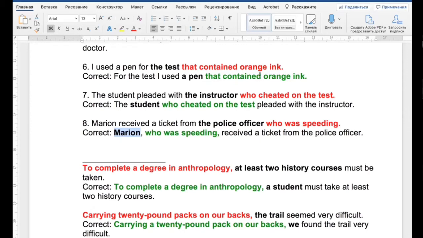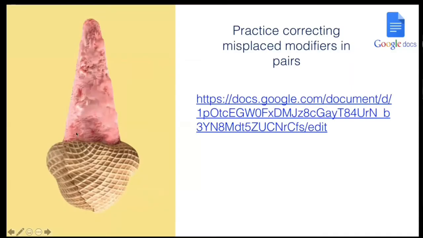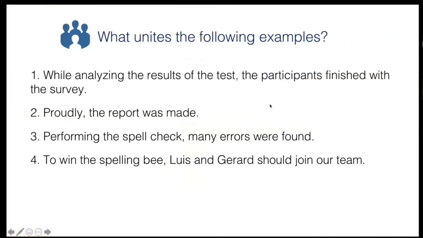Well, that's it. So that was about misplaced modifiers, and here is the picture. So when you misplace, it actually should be right, more like this way: ice cream on the top and cone at the bottom. So that's my metaphor. Now let's look at these examples. 4 examples. Look at them. Tell me whether you feel they are okay or not.